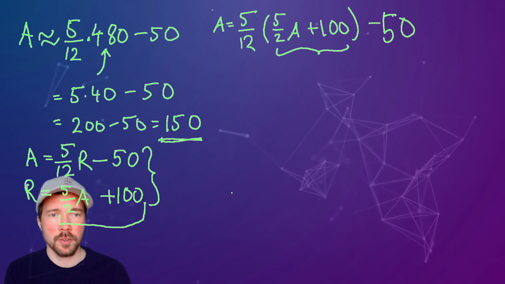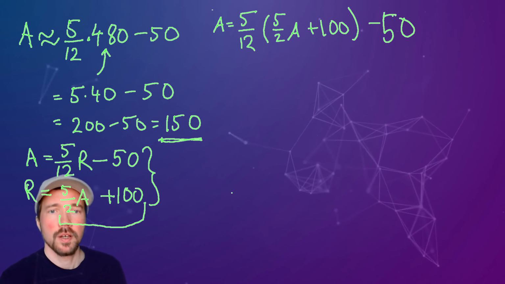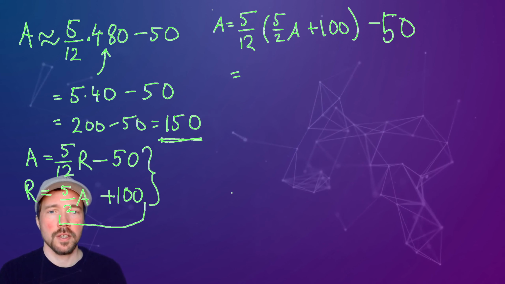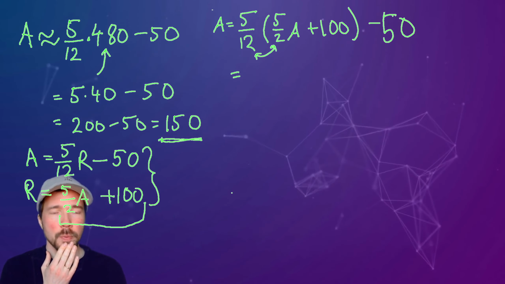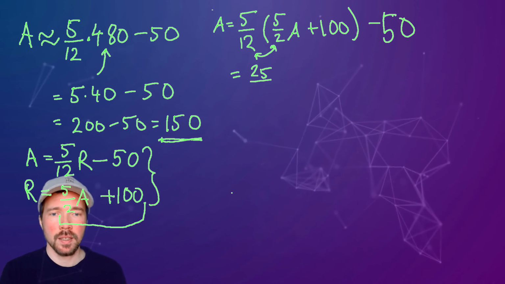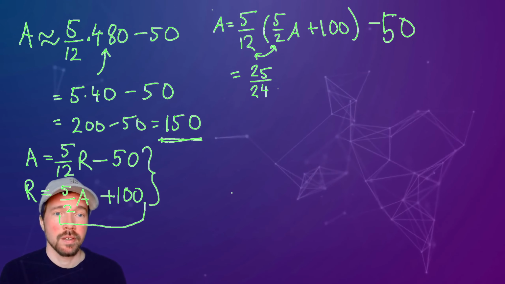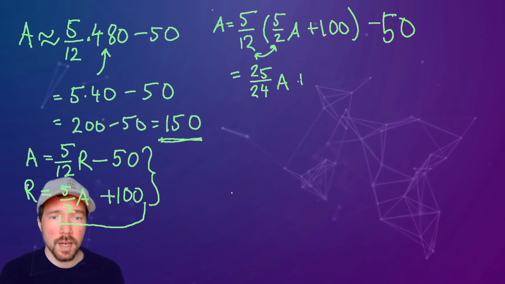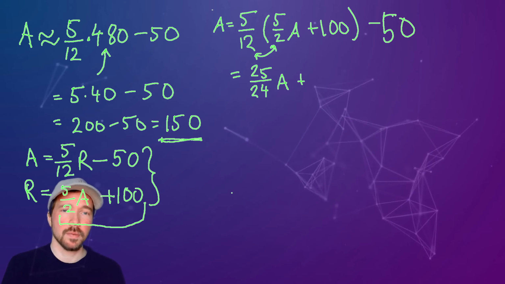So I just substituted this R from the lower equation into the upper equation, and then we just calculate. So first multiply these, just opening the brackets, so it's going to be 25 divided by 24 A plus 5 times 100 divided by 12.